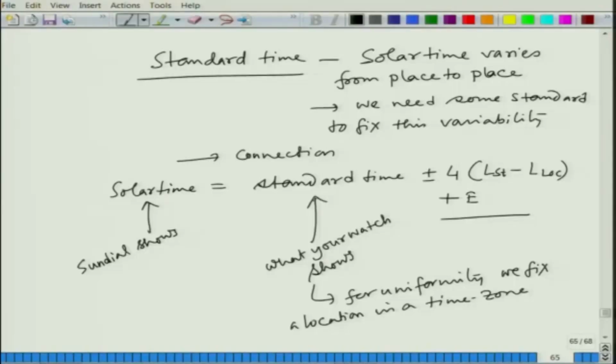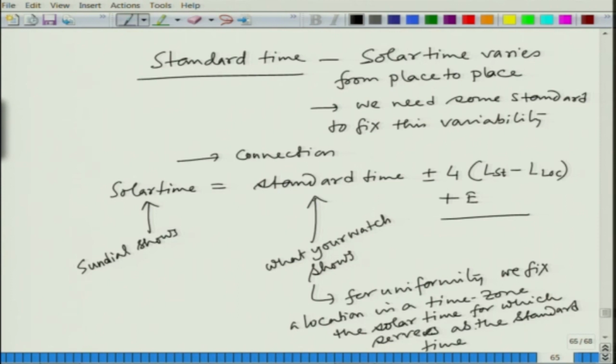So for this time zone we have a fixed location, the solar time for which serves as the standard time.